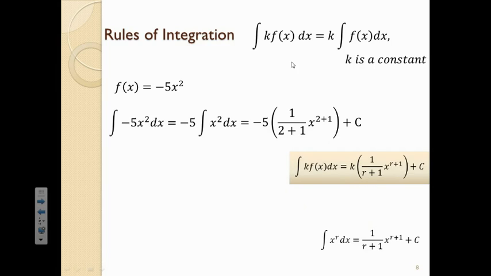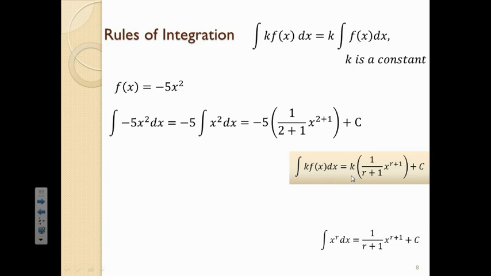The integral of a constant times a function is the constant times the integral. And the integral of that is this, so why can't we just do k times this? That's what this is saying. So this becomes a little bit of a shortcut if you just want to jump straight to here. In fact, if you want, you can use this formula all of the time instead of the other two.